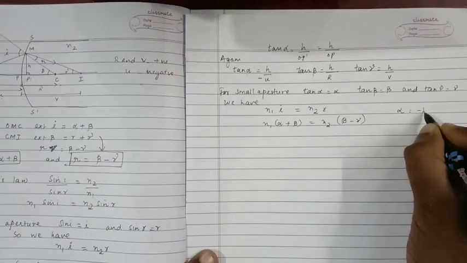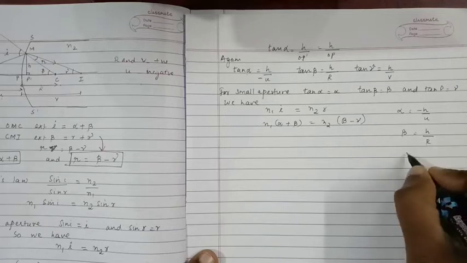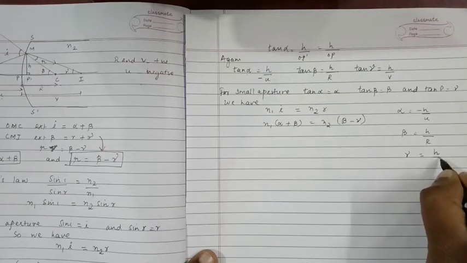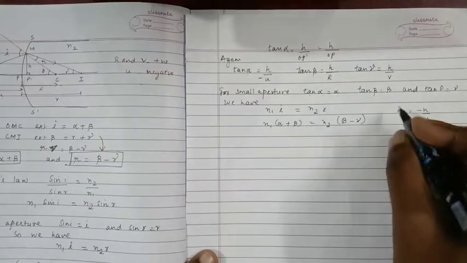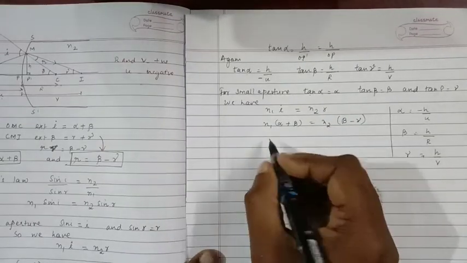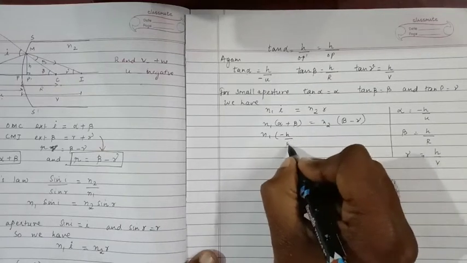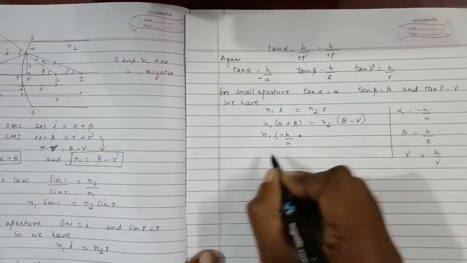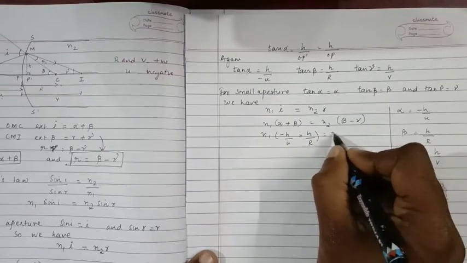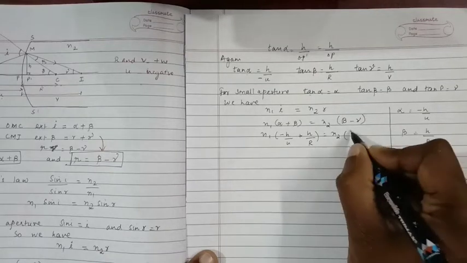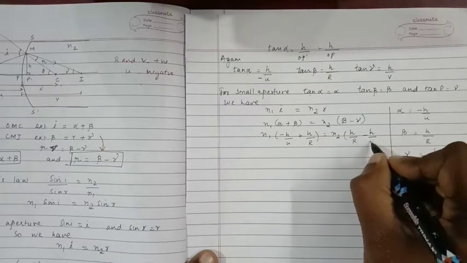Alpha will be minus h by u, beta will be h by r and gamma will be h by v, because tan alpha is almost equal to alpha. Okay, so N1, what is alpha? Minus h by u plus beta h by r, that is equal to N2. What is beta? H by r minus h by v.